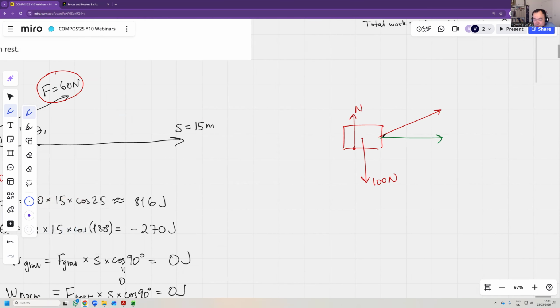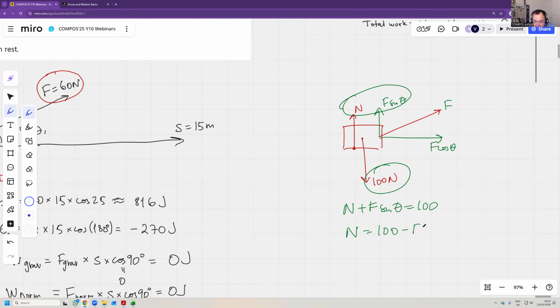It has a component horizontally, F cos theta, but also a component up, F sine theta. These two together make 100. So N plus F sine theta is 100, and therefore N is 100 minus F sine theta, which is less than 100 newtons.